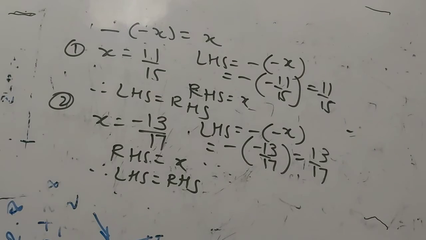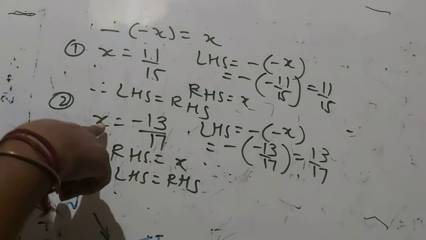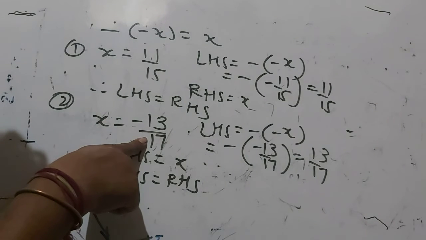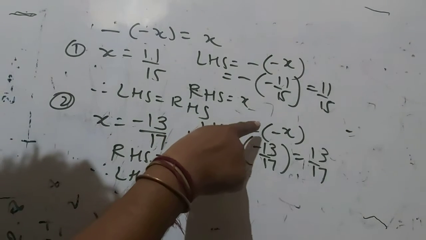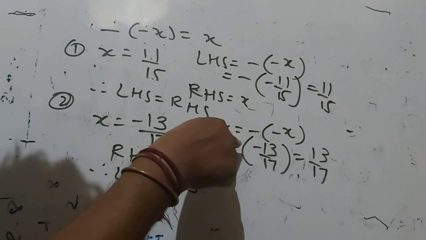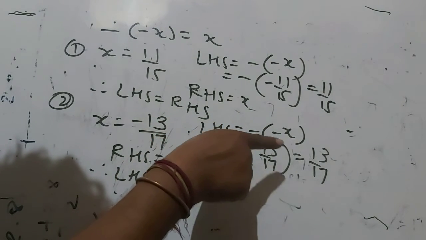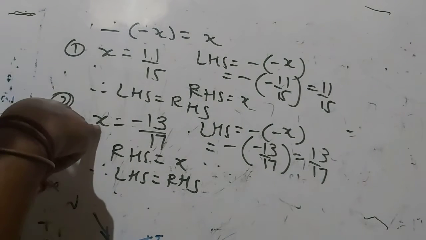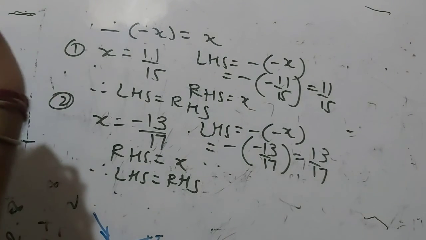See here properly what they have told. Negative in bracket negative x is equal to x. X we have taken as minus 13 by 17 and minus into in bracket minus x. Actually minus it will be positive, but here x is minus 13 by 17.